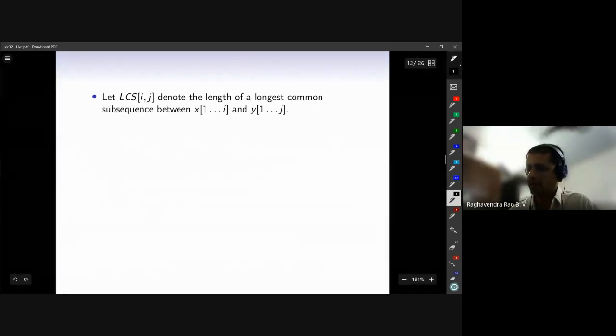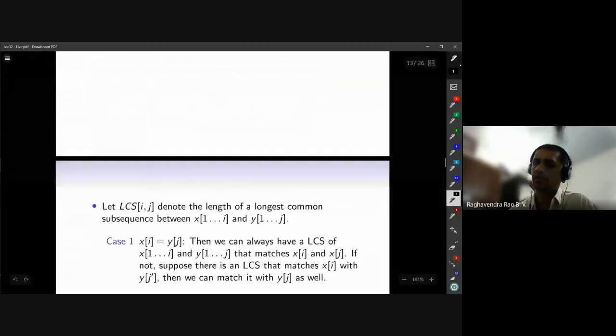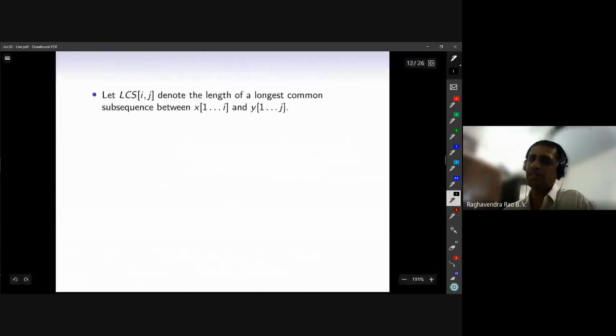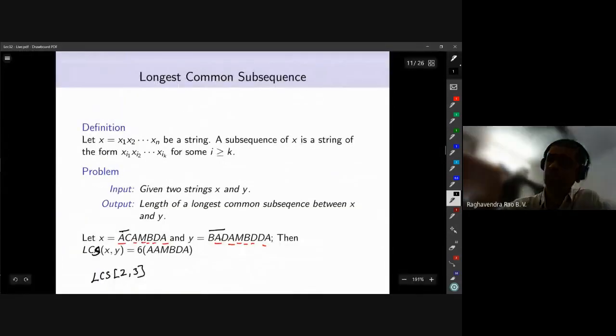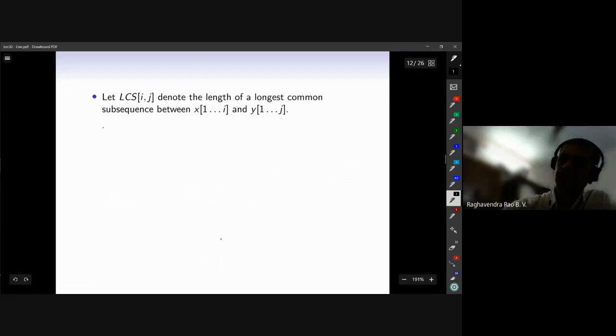Now we have the following observations. What do we really want? We want LCS(m, n), where the length of x is m and the length of y is n.